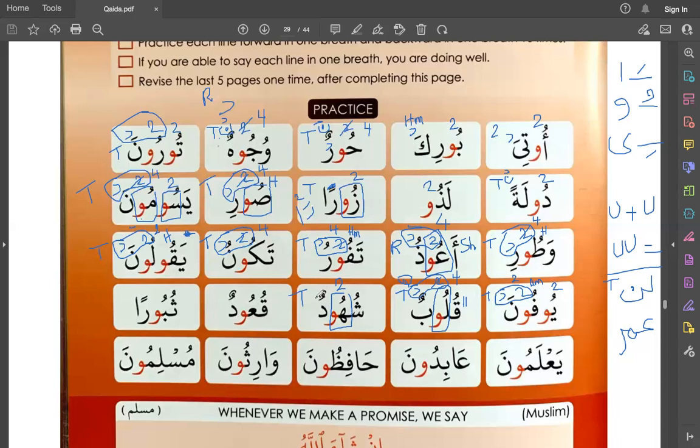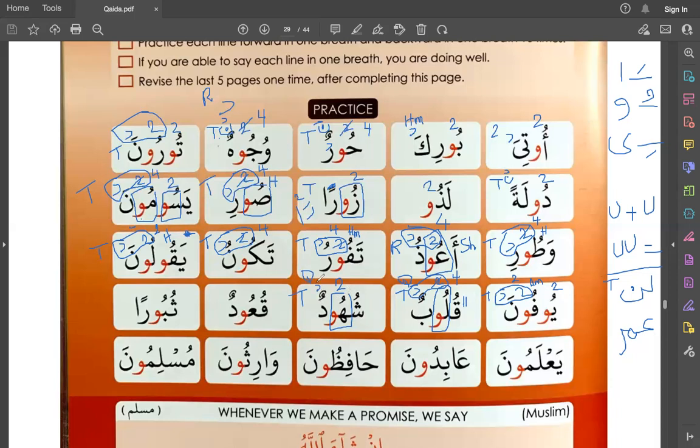How will you stop? You will give sukoon at the end, and dal with sukoon will get sifa of qalqala because dal is among the letters of qutubu jaddin, and whenever these are with sukoon they will get sifa of qalqala. So number 1, dal will get sifa of qalqala.